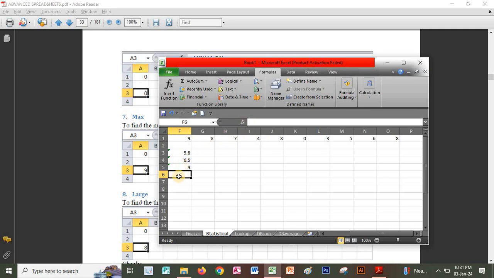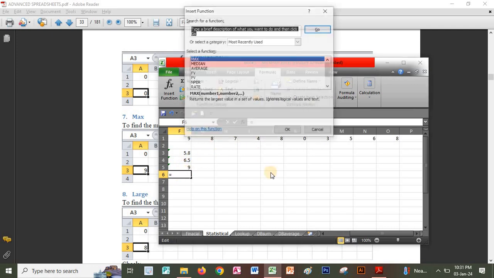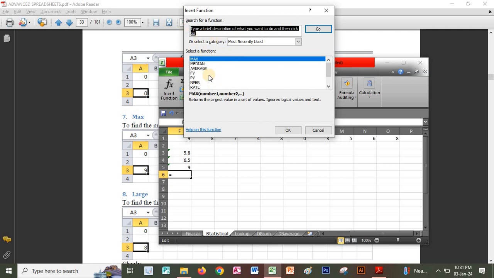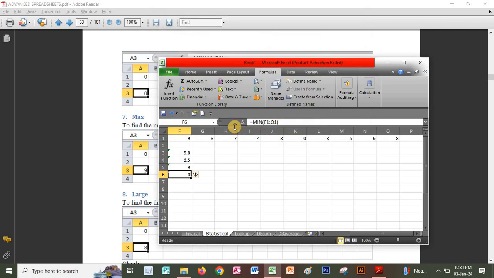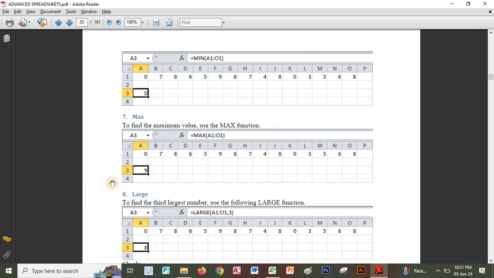You just locate where you want to insert your function and click there, and then you don't have to look for the function in the group here. So long as you know the name of the function, you can just type it there, and it is found for you if you click go, and then you can provide the group for which you want to compute using that function. And that was about that.